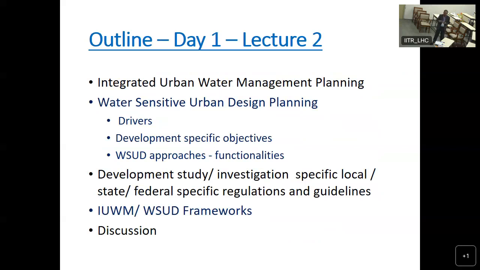That involves the topography, other conditions, how much users can pay, and what the local guidelines are for providing those services, because each state normally has its own guidelines: what type of water quality, how much water supply per person should be supplied. These are some of the aspects we have to look into before planning any water supply system under integrated water management approaches.